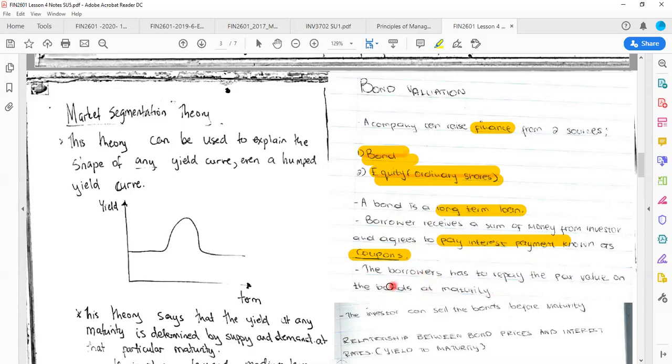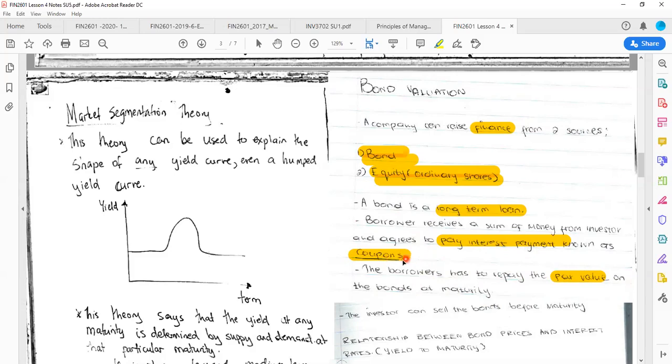So the borrower, who is the bond issuer, has to repay the par value of the bond at maturity. So we have what we call the par value associated with the bond, and at maturity the borrower has to pay back this par value. So in between the borrower borrowing the money and paying back the loan, the borrower has to pay interest payments known as coupons.